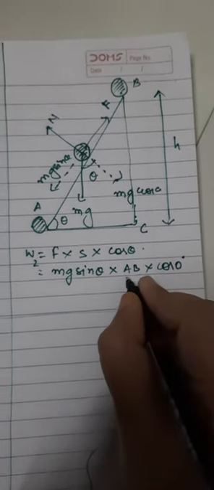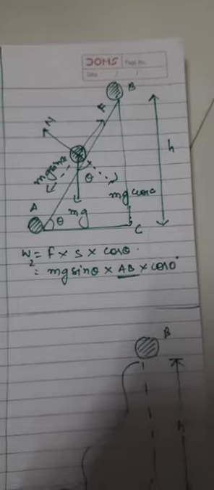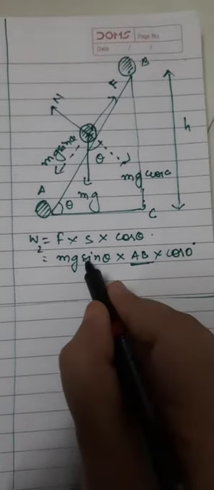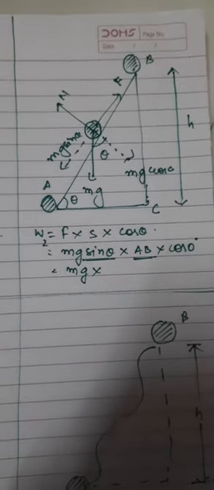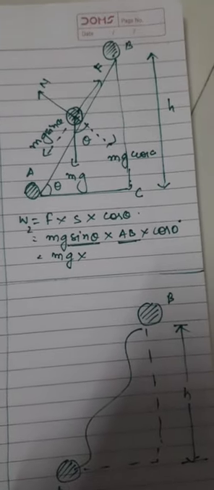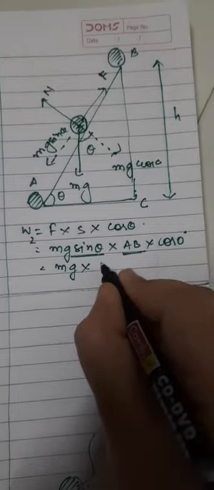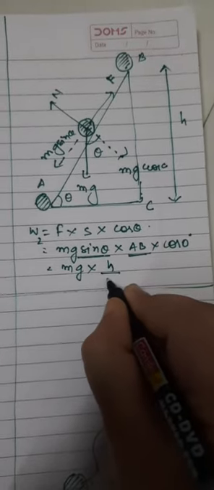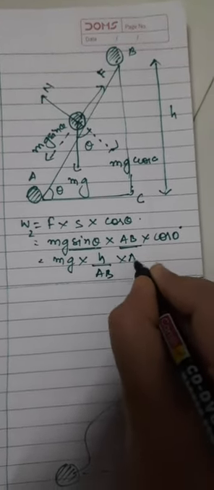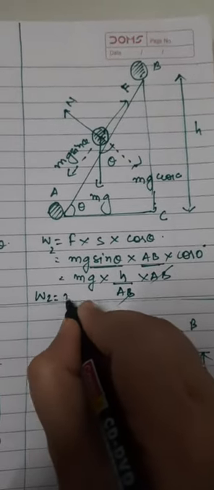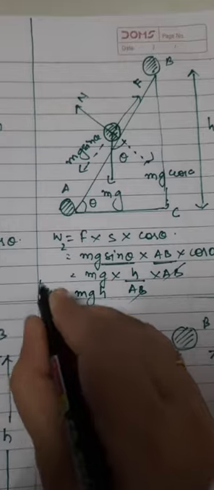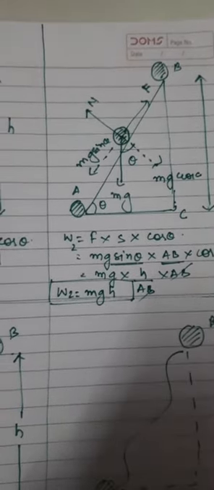The thing which I don't know here is AB. But I can find sin theta from the triangle, so the work done equals mg times sin theta. Sin theta is perpendicular upon hypotenuse, so I can write h upon AB, and multiply by AB. So AB and AB cancel. Ultimately the work done I am getting is mgh. This is the work done in the second case.